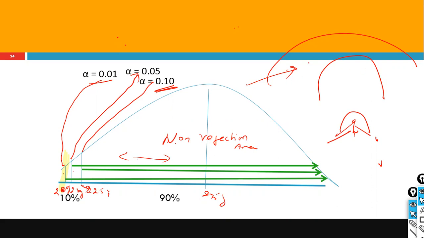Hence, you're not supposed to reject your null hypothesis. Since it is falling in the rejection region area because the value is very less, you are rejecting the null hypothesis, whereas you are not supposed to reject it. If it is a true null hypothesis, you are not supposed to reject it, right?